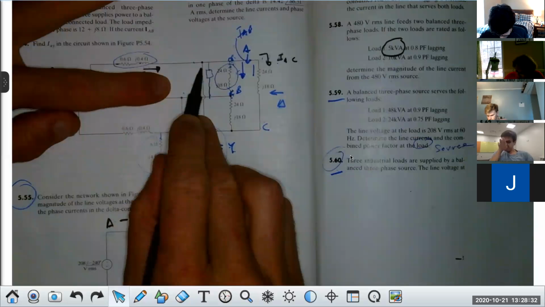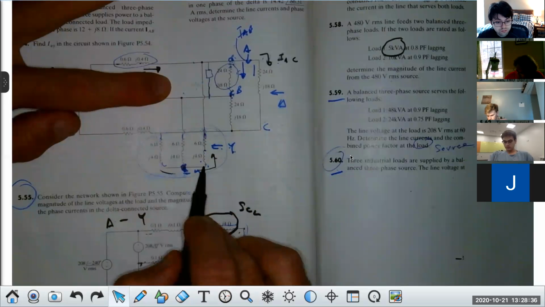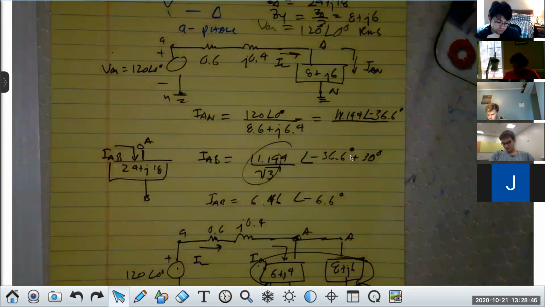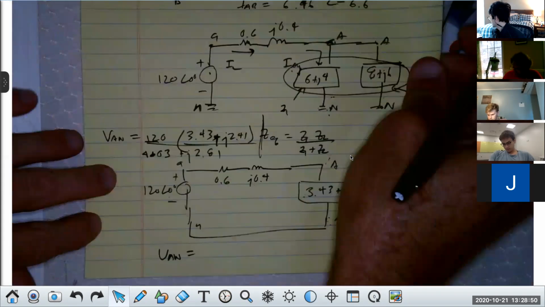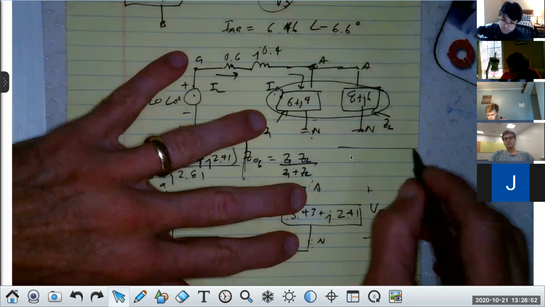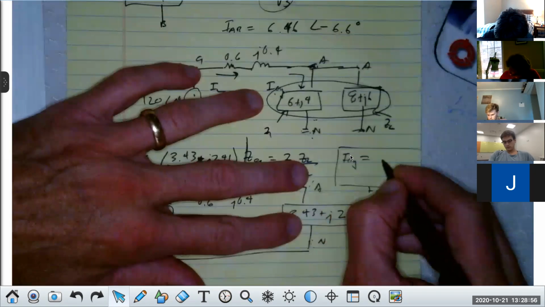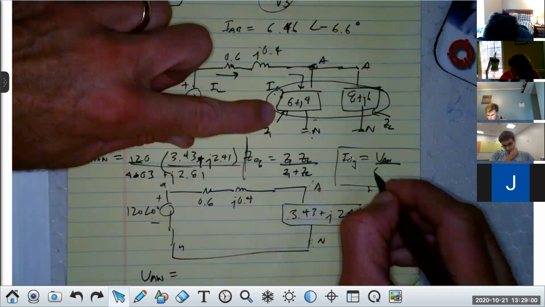They want this current. Well, that current flows through 6 plus jY. It's really one of the Y loads, isn't it, class? You all agree with that? It's the current through the 6 plus j4. To get that, we simply take VAN that we just got, and I small ay would be the voltage we have here, VAN, divided by the impedance 6 plus j4.